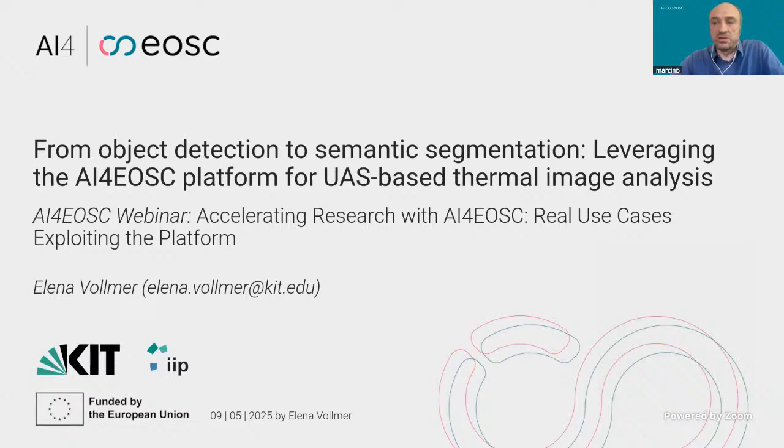Her research revolves around conventional and AI-based image anomaly detection methods, specifically to aid in the monitoring of energy-related systems. Her expertise extends to multispectral and thermographic data, unmanned aircraft system technology, and geographic information systems. So, Elena, again, the floor is yours, and you can start.